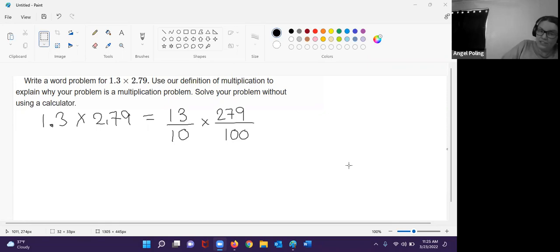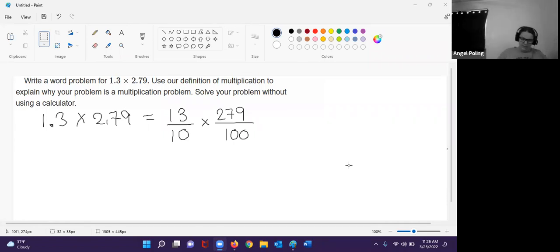And we have 2 and 79 hundredths, right? So we have 13 tenths and 279 hundredths.